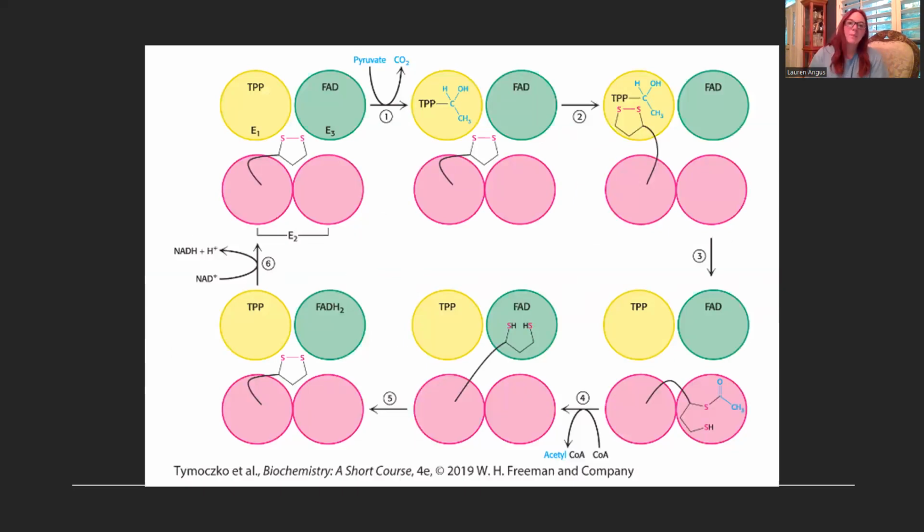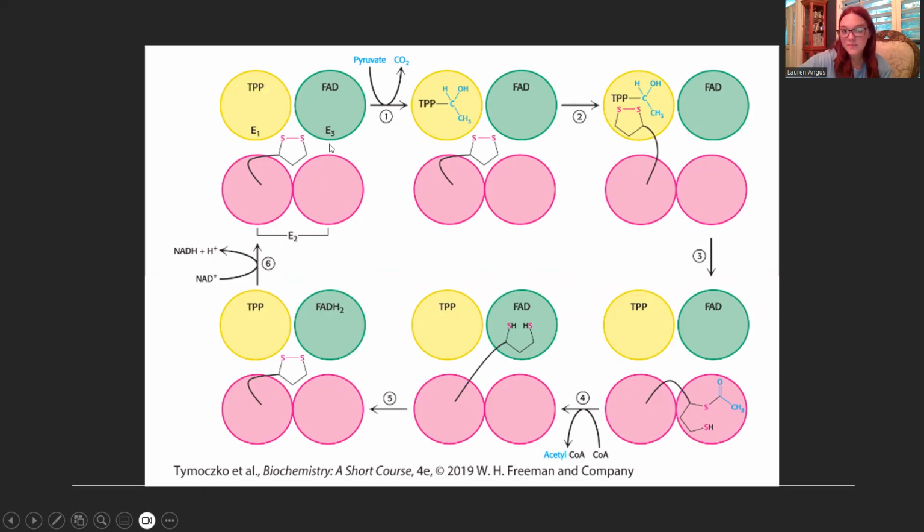So wrapping this up as a bigger picture, I took this from the textbook because I feel like it's super cool that it combines everything together. You have your big complex right here, composed of your three active sites, E1, E2, and E3.